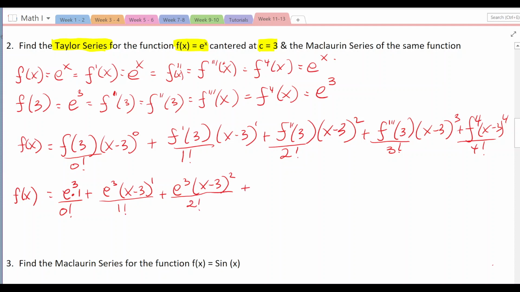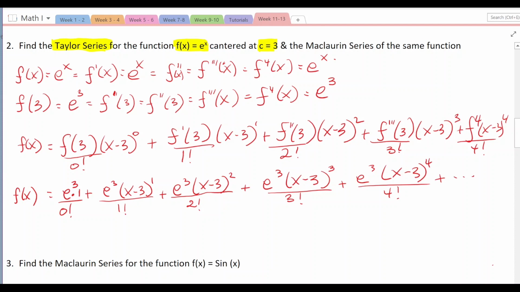Next one, also e to the power of 3 times x minus 3 to the power of 3 over 3 factorial. Next one, f4, still the same, e to the power of 3 times x minus 3 to the power of 4 divided by 4 factorial, plus and so on.